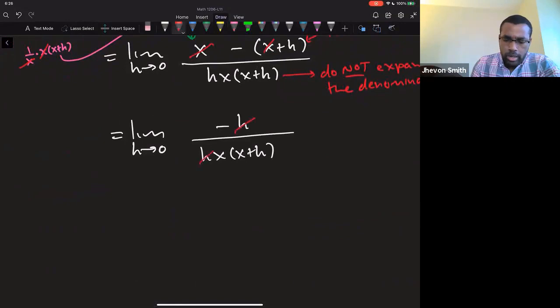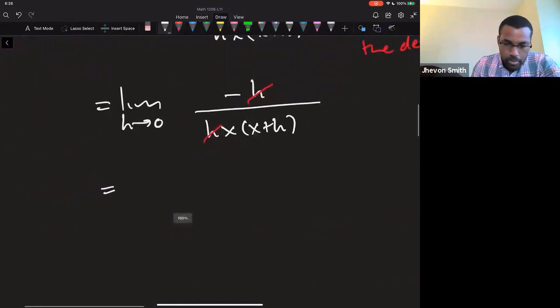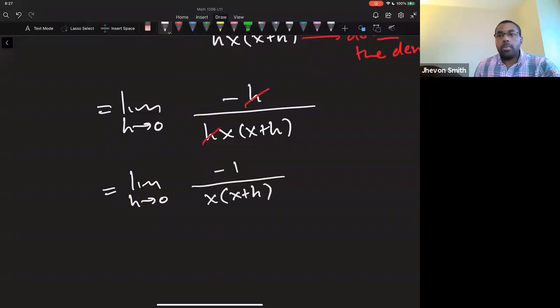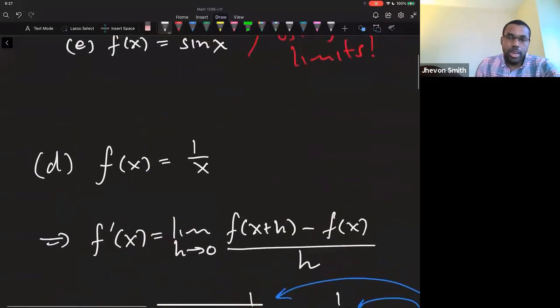At this point here, you can cancel those guys. And now you realize that you can plug in h equals 0, and you don't divide by 0 unless your x itself is 0, which we know it's not because x is not 0 from the beginning.